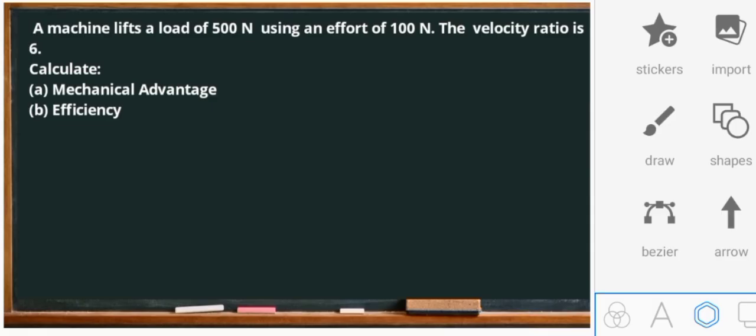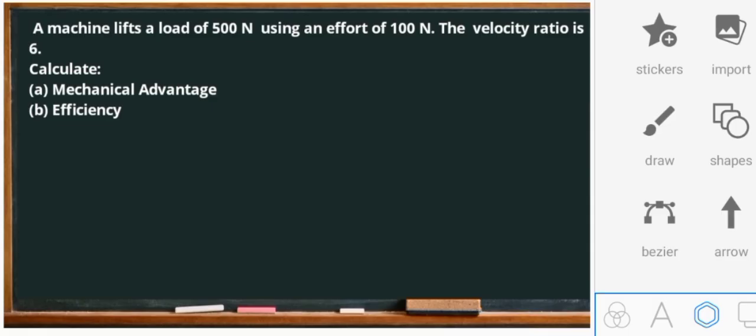Okay, let's go to efficiency. What is the efficiency of a machine? This is a percentage rate at which a machine works efficiently. Once again, the efficiency of a machine is a percentage rate at which a machine works efficiently.